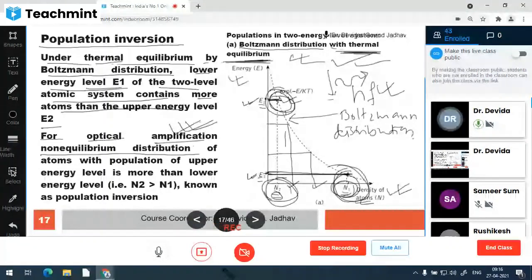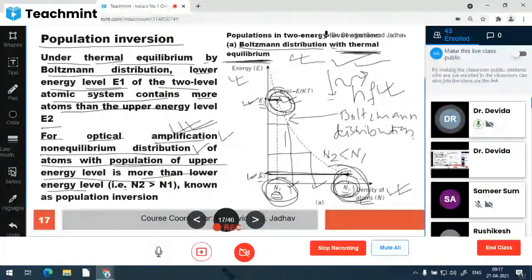So for optical amplification, non-equilibrium distribution of atomic population is required. So that means the population of atoms in the upper energy level is more than the lower energy level. म्हणजे in equilibrium condition, N2 is very less than N1.